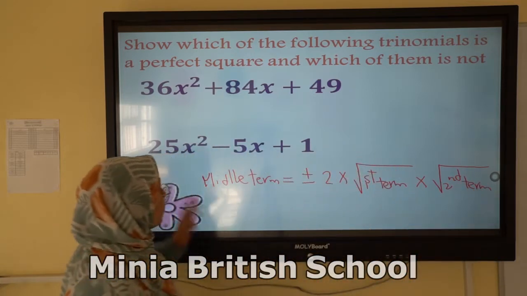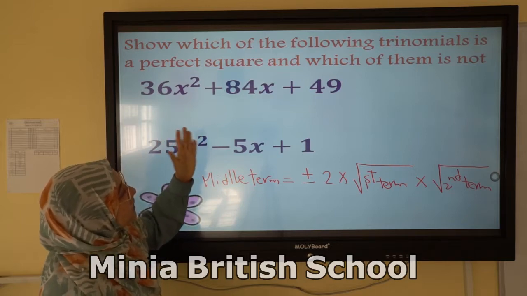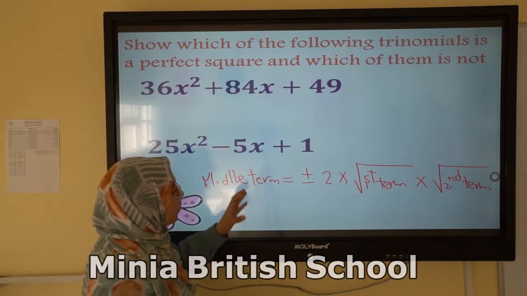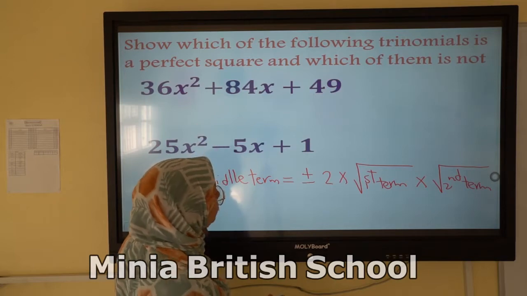Now here the middle term is 84x, so positive or negative, here positive.